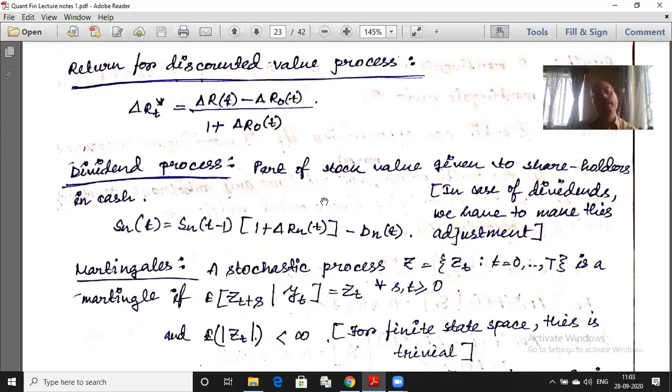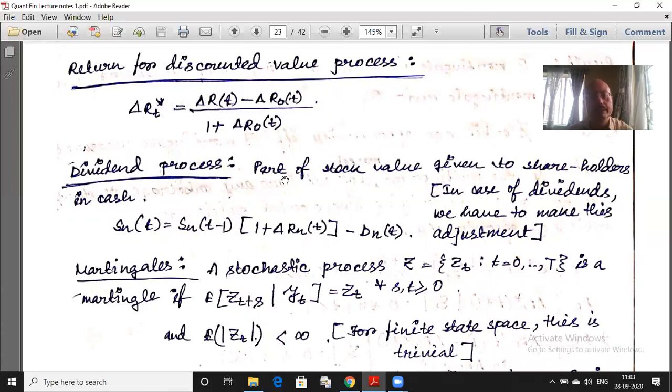But then what happens to the company's valuation? The company's valuation gets reduced because you are taking some money out of the fund which represents your stock price. So now that your fund has reduced, the stock price will also be reduced, because dividends come out of the value of the company.